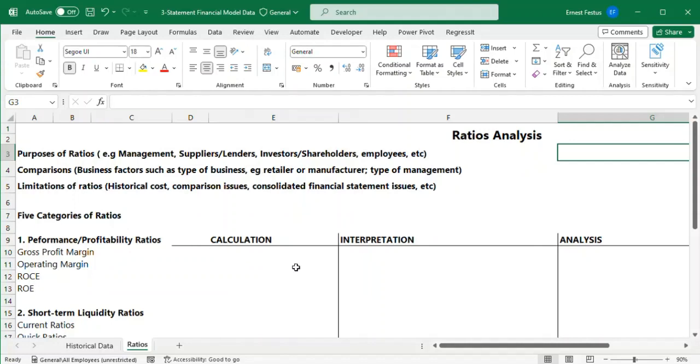Then we can also have the ratio of one company being compared to a similar company or a competitor. We can also have the ratio of one company being compared to an industry average, an average within the industry.